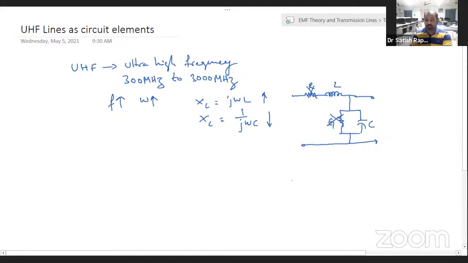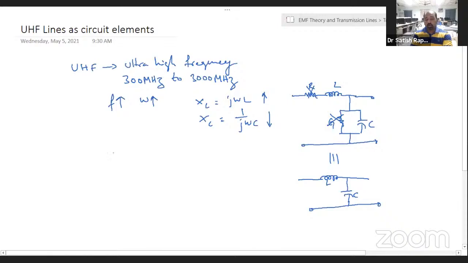So the equivalent electrical circuit at radio frequency or very high frequency is this, with just L and C. This is the electrical equivalent circuit at UHF frequency. This is one unit length of the transmission line, not the entire length.